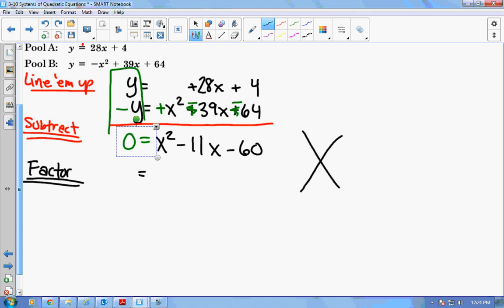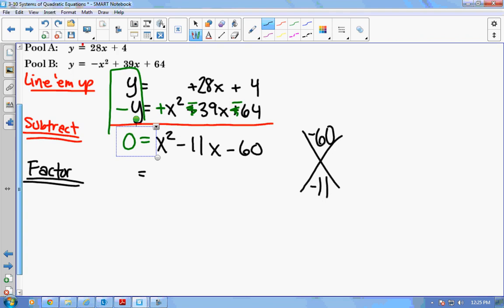What goes on the top? 0, first times third. First times third, so negative 60. We just had a test on this, and we add to negative 11. Please start thinking. What 2 numbers multiply to negative 60? Don't shout it out. Raise your hand when you think you know. What 2 numbers multiply to negative 60 and add to negative 11?